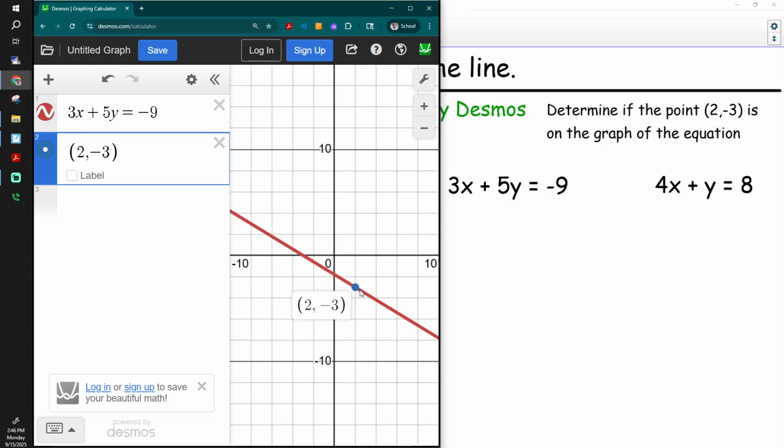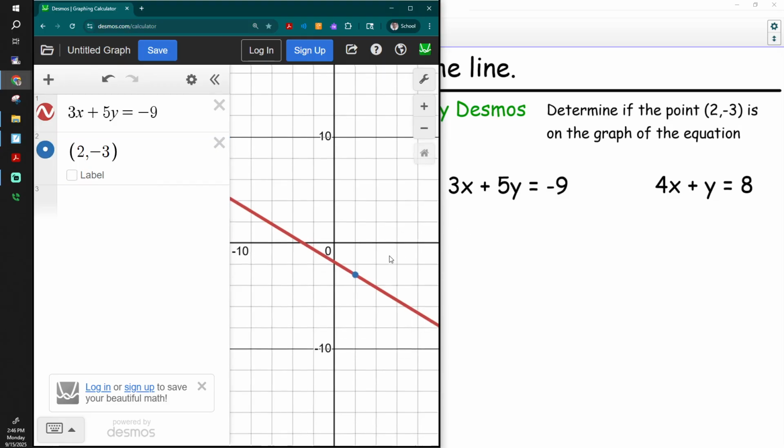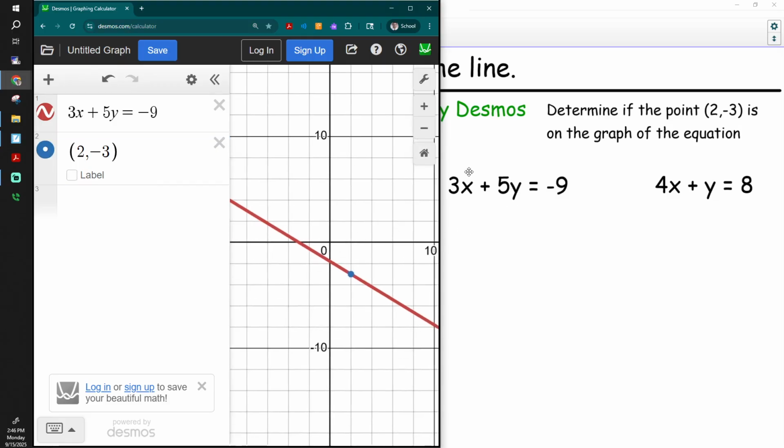See my point? Is it on the red line? Yes. Look at it. It's right on the line. If this was a road and the purple dot was a car, is it on the road? Yes, it is. So, is this true or false? True. The point (2, -3) is on the line 3x plus 5y equals negative 9. That is true.